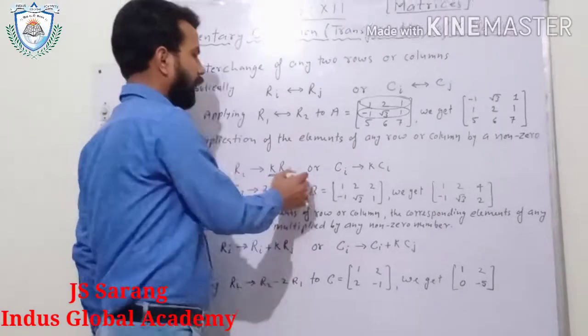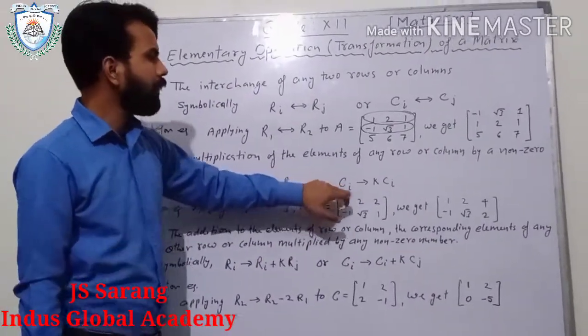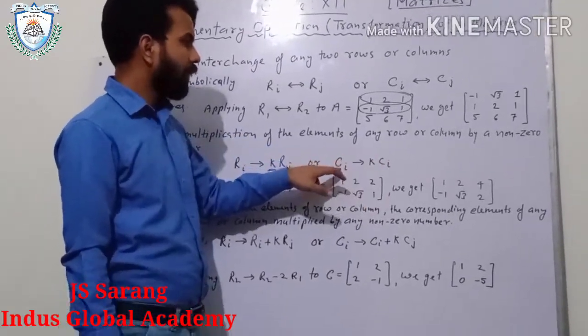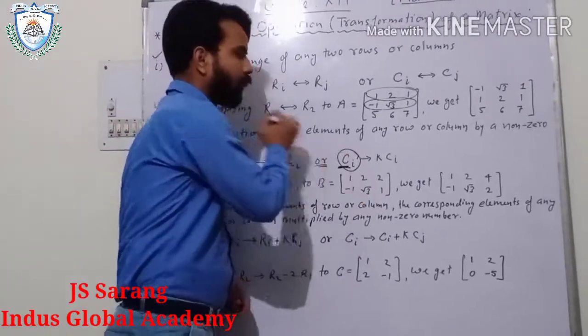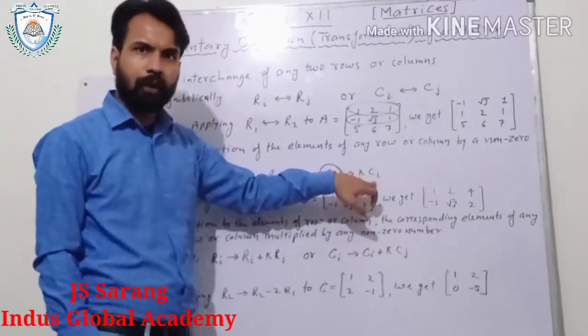Similarly, we can apply the same operation in column. Ci tends to kCi. Means here we will apply the operation in ith column. So it will be considered as k into Ci. Got it?